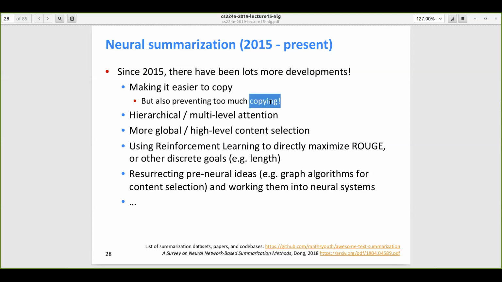If it simply copies things from the input to the output, then we wouldn't really have good results. There are also some improvements in hierarchical or multi-level attention, and even reinforcement learning is being used. There is one slide on how using reinforcement learning has given better ROUGE scores.